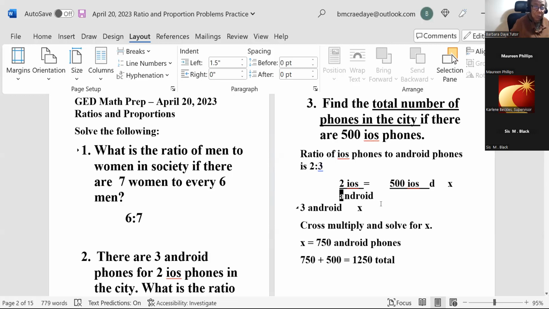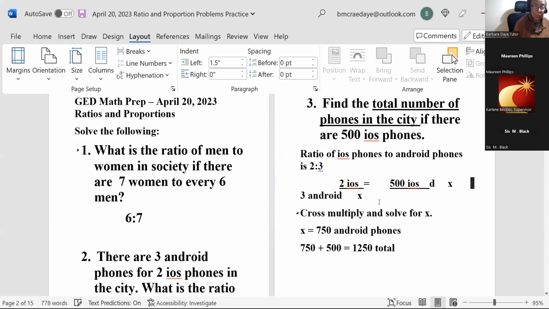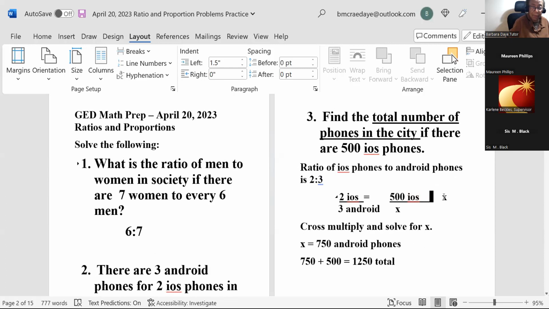So we've got 2 iOS over 3 Android. That's from our ratio, right? And the 500 iOS, you take this out. And X is what we solve for. X is the Android.